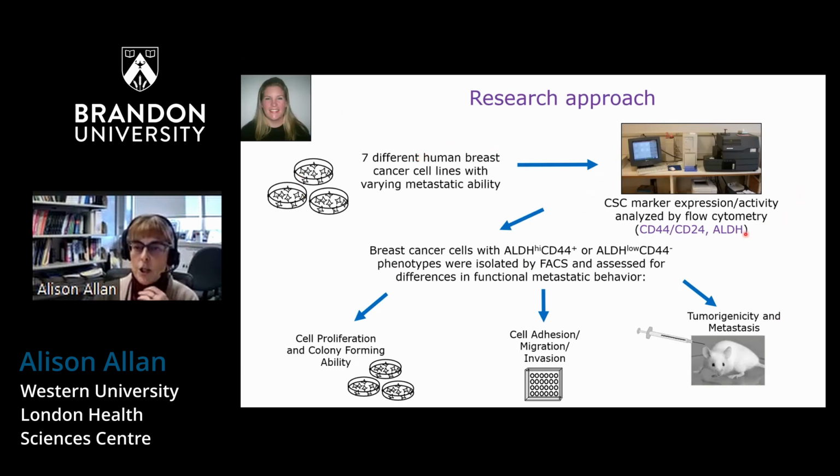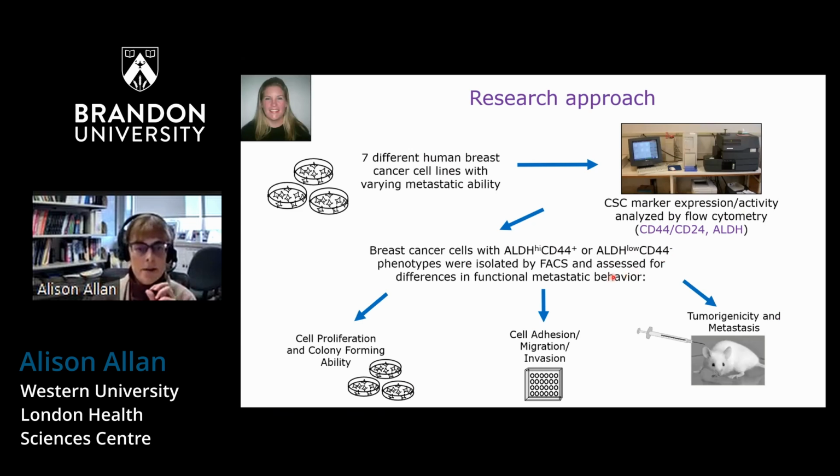She analyzed their ALDH and CD44 expression, and we used that to sort the cells using fluorescence-activated cell sorting. So we ended up with 2 populations: the ALDH high CD44 positive cells, which are our cells of interest, and the rest of the cells, which were ALDH low and CD44 negative.